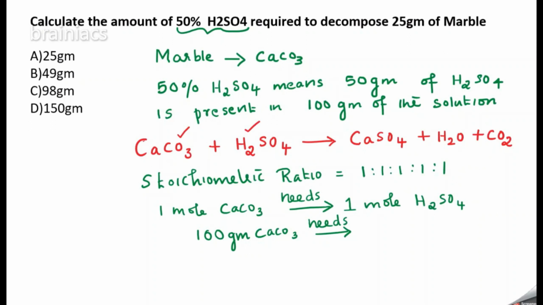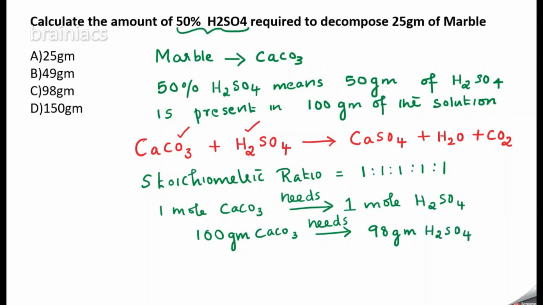They are also giving mass. So 1 mole of sulfuric acid has what mass? Mass equal to molecular mass expressed in grams. So I can say 98 gram. 98 is the value. Hydrogen 2, sulfur how much? Sulfur 32, oxygen 16 into 4 is 64. 64 plus 32 is 96 plus 2 is 98. So 98 gram H2SO4.